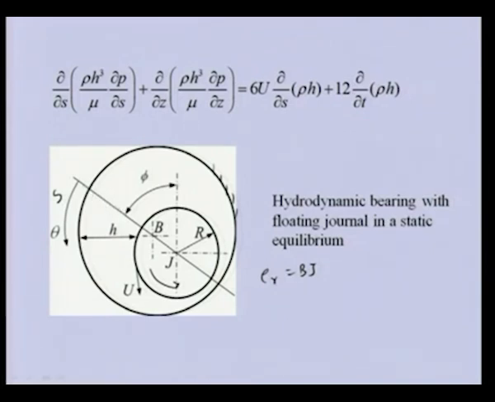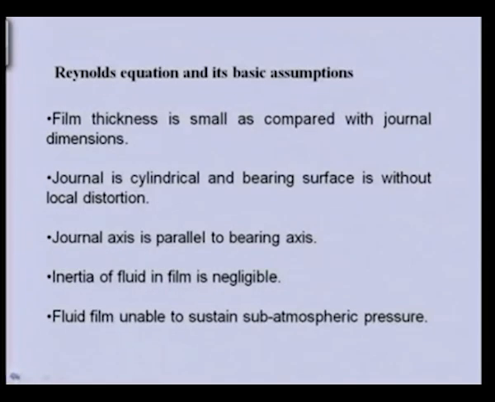So basically now we can look into the Reynolds equation. We will not derive it, but we will just show the Reynolds equation and what terms it has. So the basic assumptions while deriving the Reynolds equation are: film thickness is small as compared to the journal dimensions, the journal is cylindrical, the bearing surface is without local distortion, the journal axis is parallel to the bearing axis, and inertia of fluid in the film is negligible.